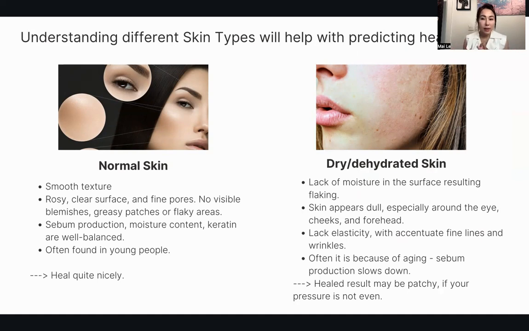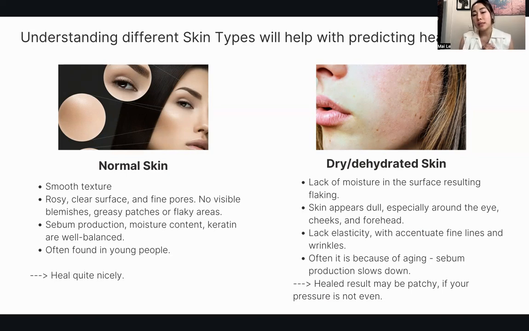Normal skin is basically really nice. It usually has a smooth texture, very fine pores, and no visible flakiness or blemishes. Often in younger people, or people who take care of their skin, the skin is very nice, and you automatically know that your healed result will be really nice.